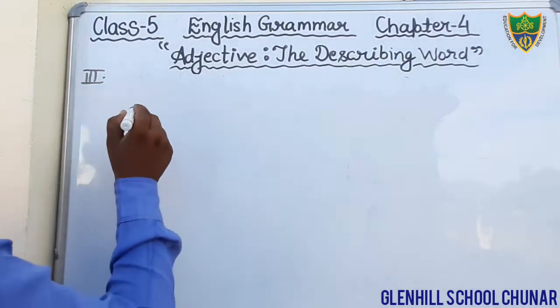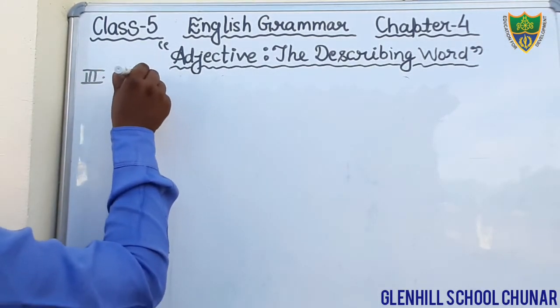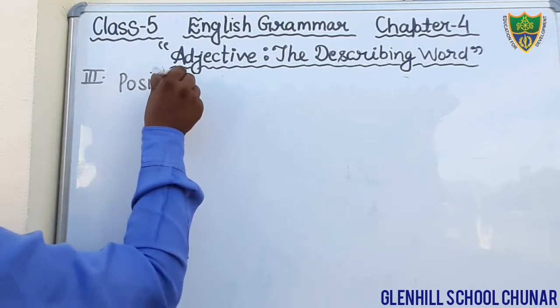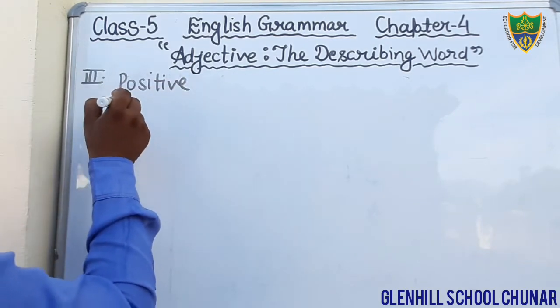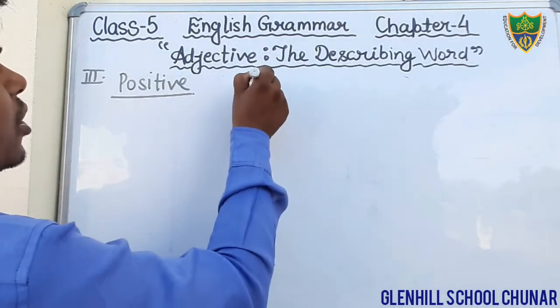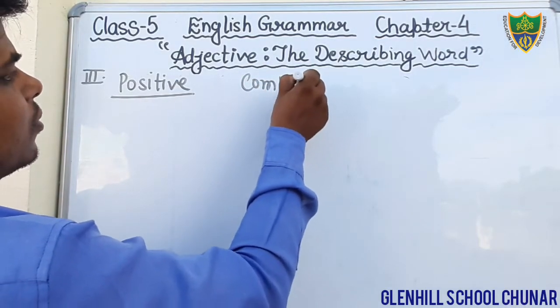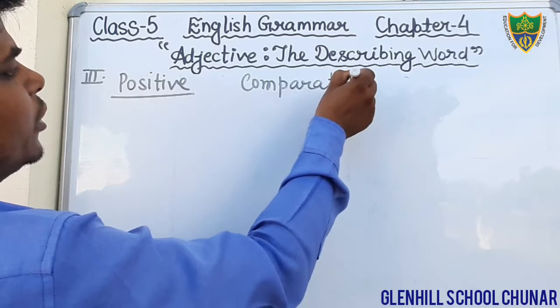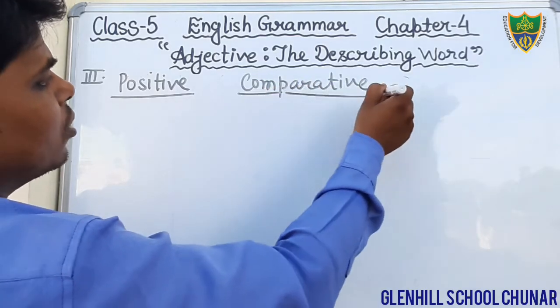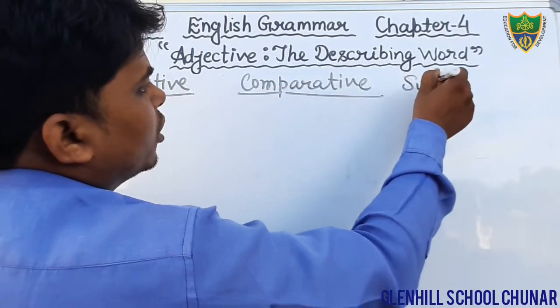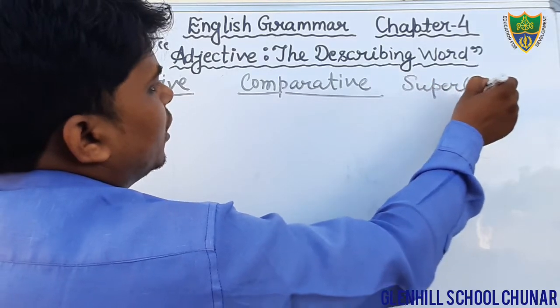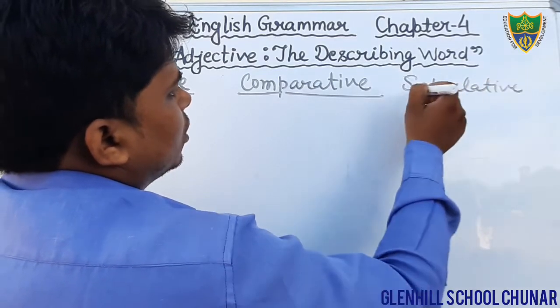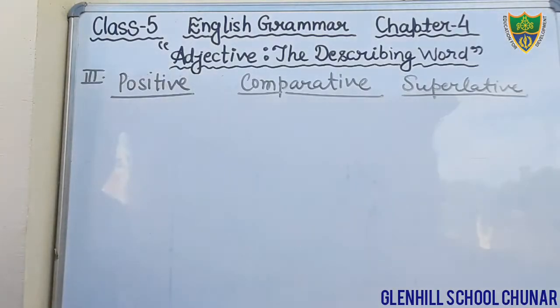The first column is positive degree, the second is comparative, and there is superlative degree. There is no need to write, it is already written in your book. These 3 degrees of comparison are given in your exercise number 3.